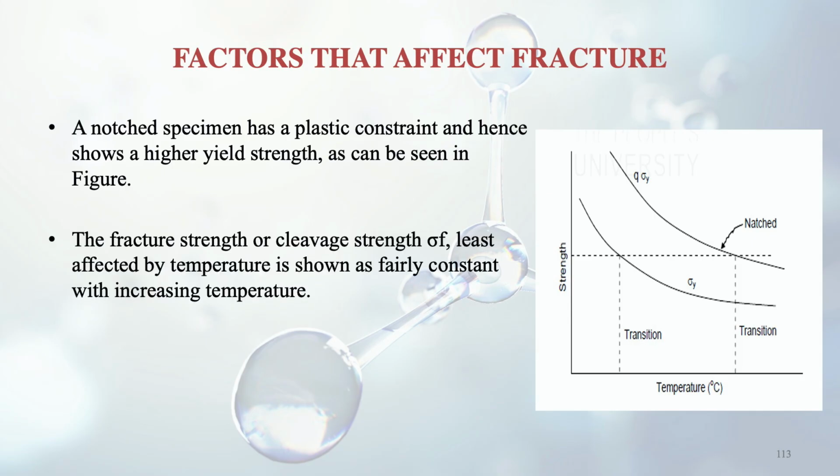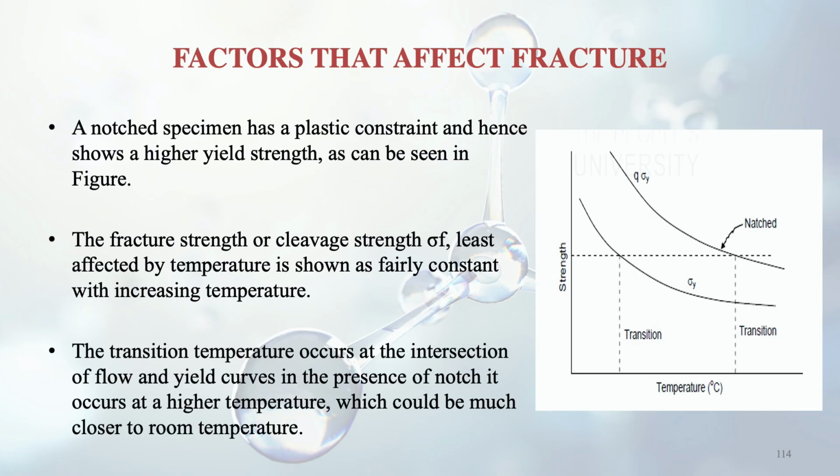The fracture strength or cleavage strength, given as sigma f and represented on the y-axis by the dotted line, is least affected by temperature, as is clearly shown here, and as the temperature increases, it almost remains constant.